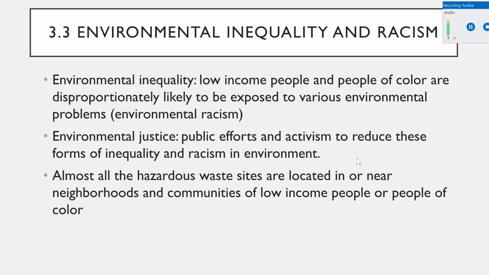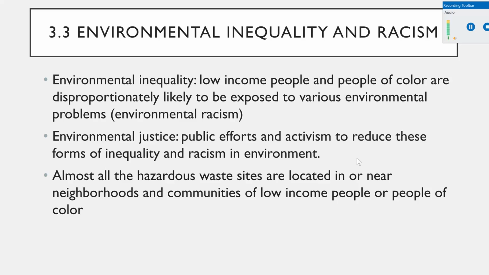As we covered before, there is environmental inequality. It means that low income or lower social class people, the poor, and people of color are more likely to be the victims of environmental disasters or environmental pollution. So environmental justice tries to reduce the impact of inequality in environmental disasters.